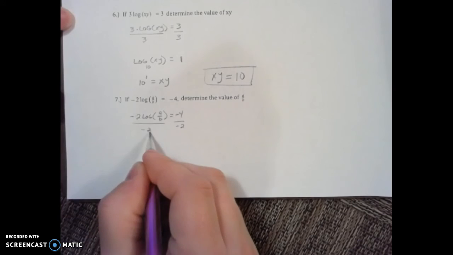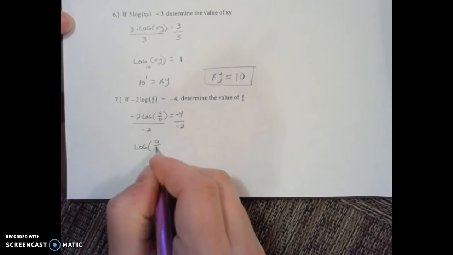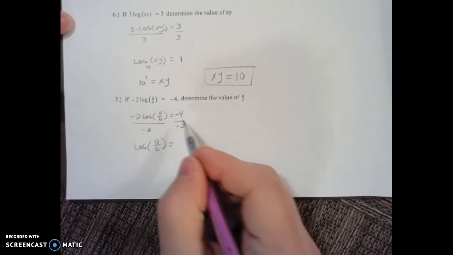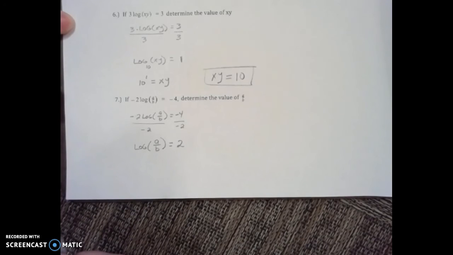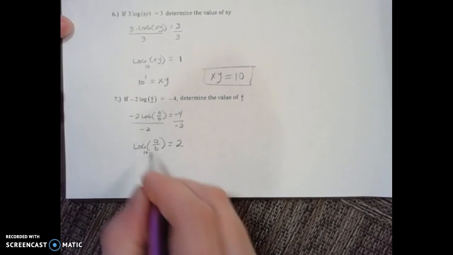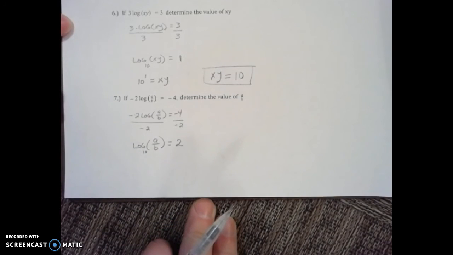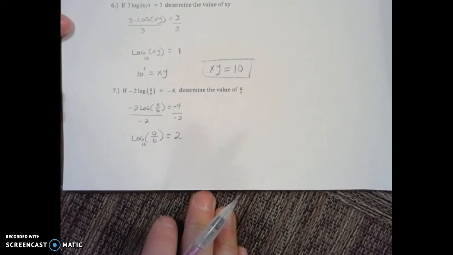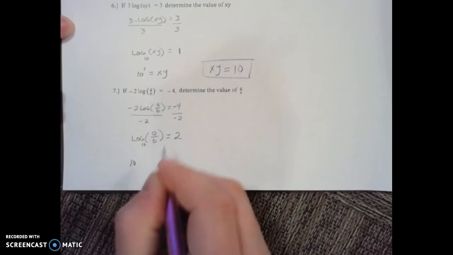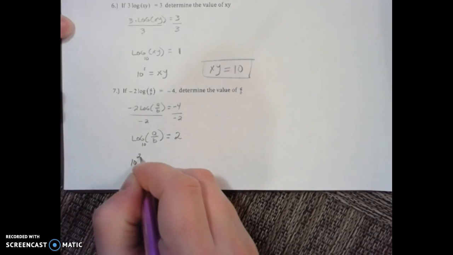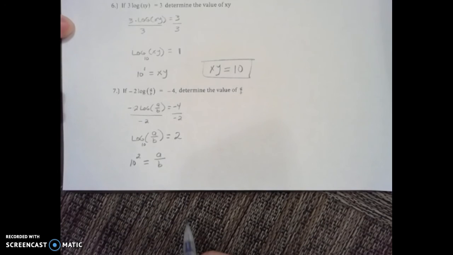Since negative 2 divided by itself is 1, that leaves me with log of a over b equal to negative 4 divided by negative 2 is 2. Okay, so now again, this is log base 10. And I can take this logarithmic form and rewrite it in exponential form. So I know that my base is 10, so I'm going to have 10 to the second power equal to a over b.